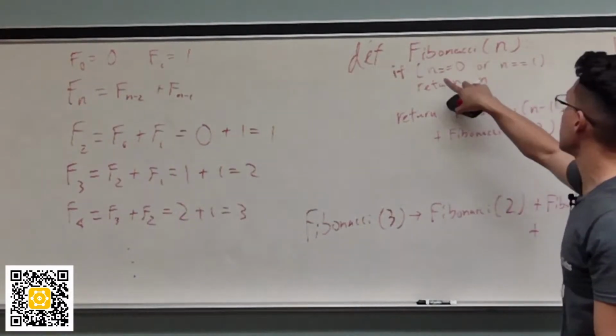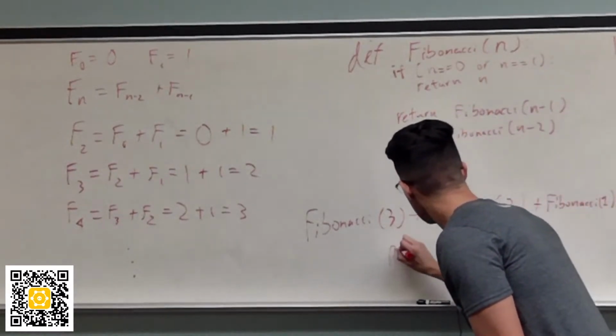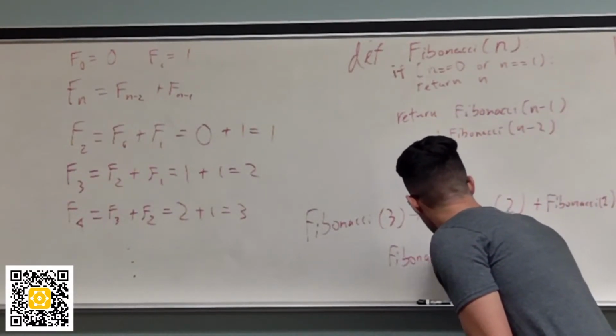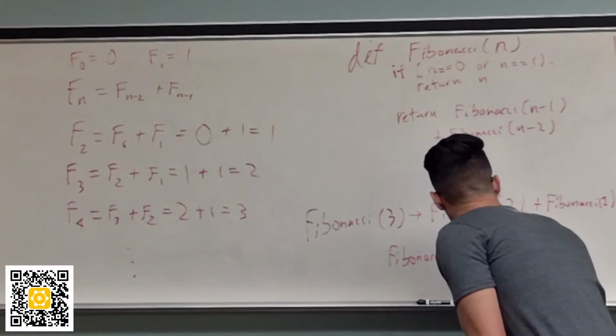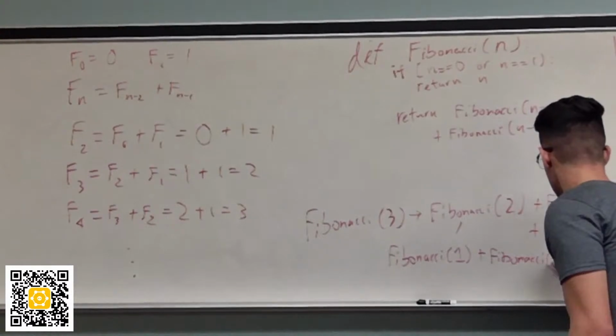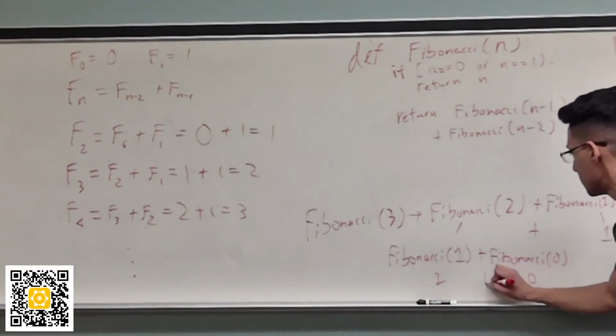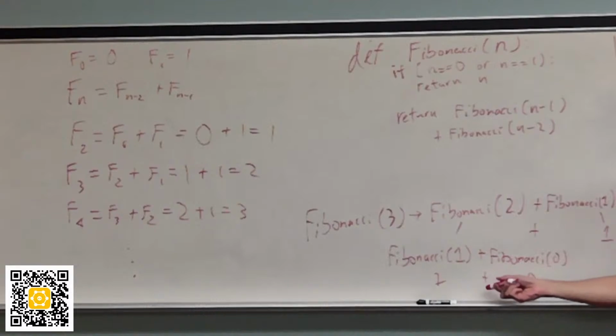Since n is not 0 or 1, it's going to do the whole thing. Fibonacci of 2 had to do the whole recursive function again. This is going to return 1 and 0, so it's 1 plus 0 plus 1.